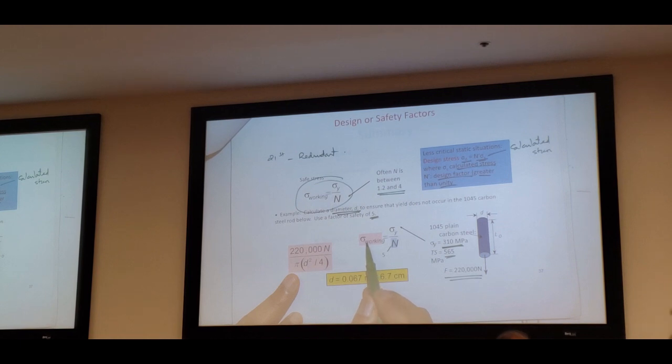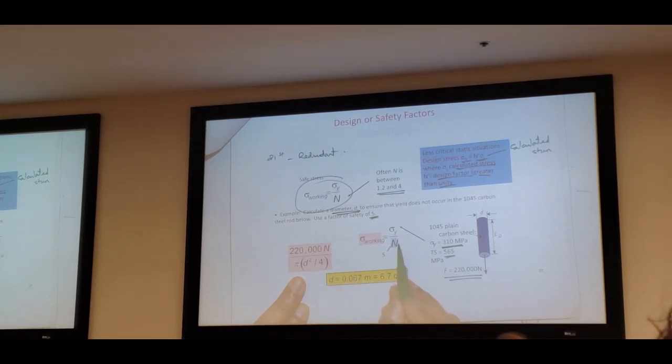We know that sigma is force applied per unit area. So the force is 220,000 Newton, divided by pi d squared over 4, which is the area. From this one, we can calculate.